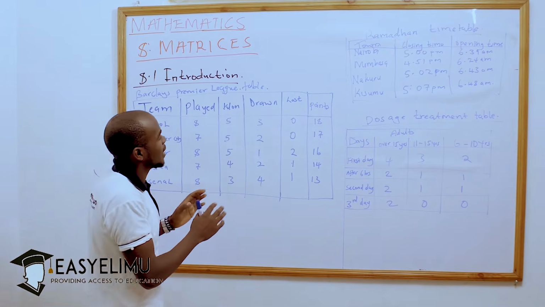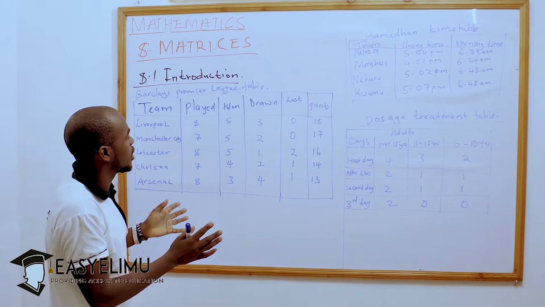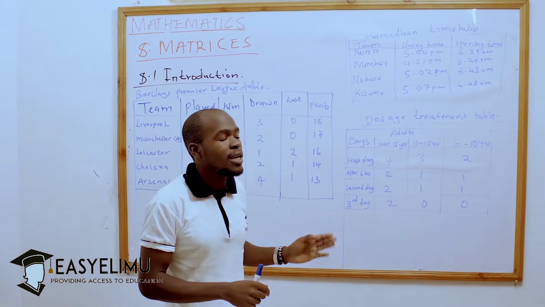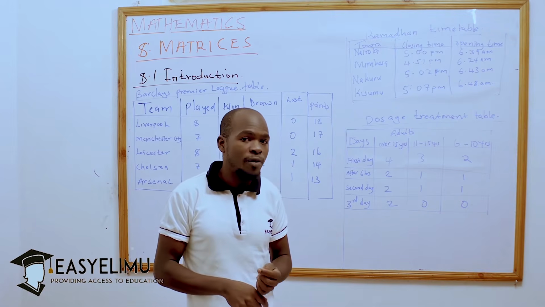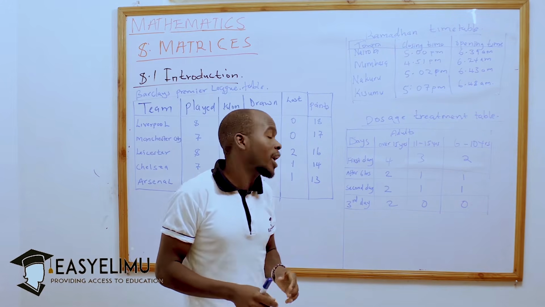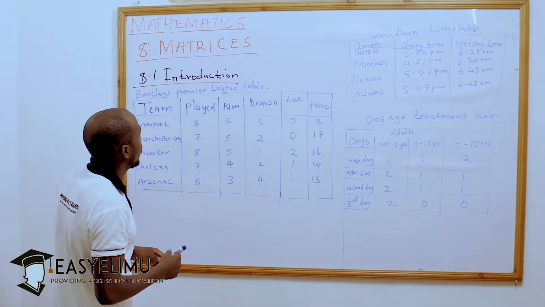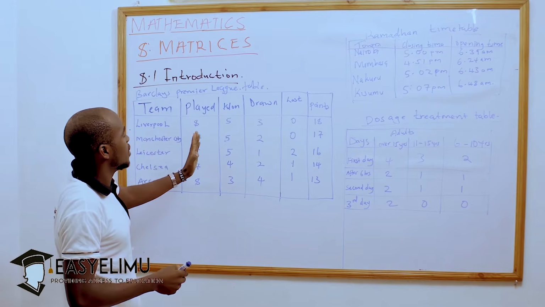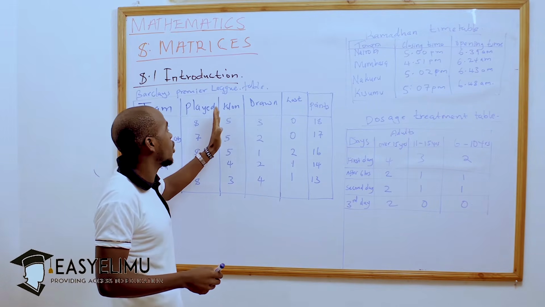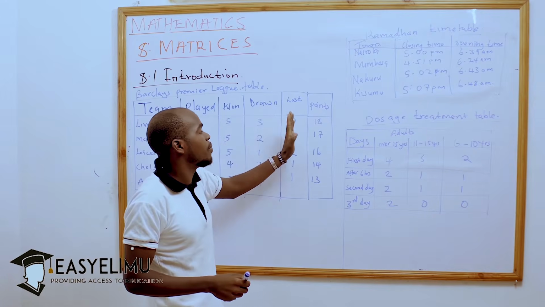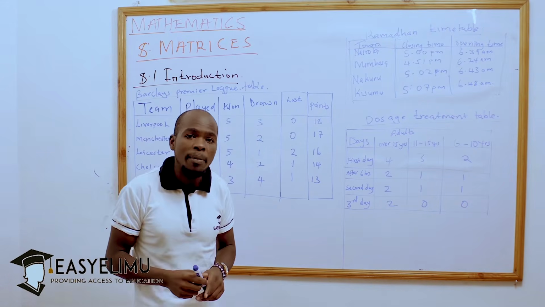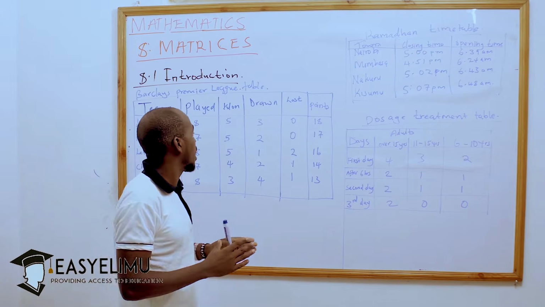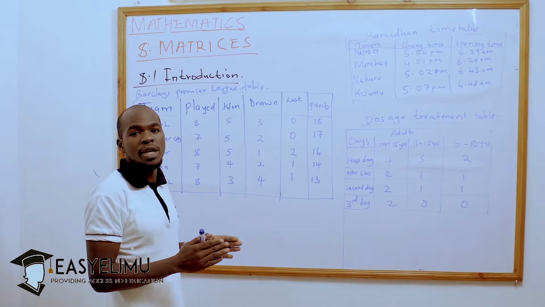Now, after having understood all this tabular information as it is represented, we can represent it in matrix form. If this is the number of games played, this is the number of games which the team won, the draws, losses, and points, we can represent them in a matrix form and find one matrix which has all this information and omit the headings.